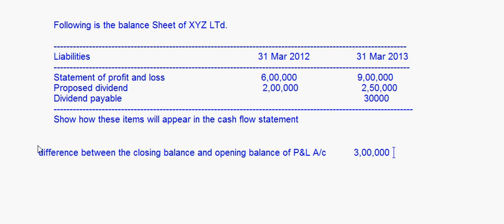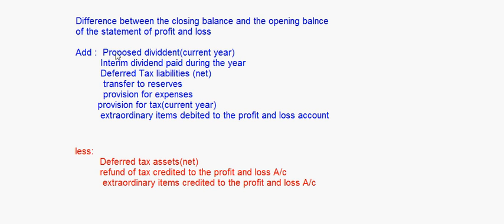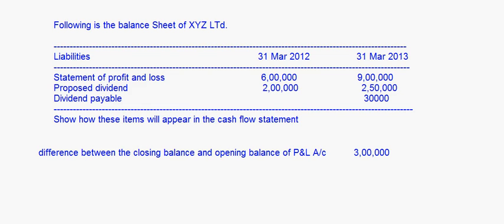Now after that, proposed dividend for the year. Now here we had put this proposed dividend for the current year, right? Now what is the proposed dividend for the current year in this case? The proposed dividend for the current year is 2,50,000, right? So this 2,50,000 will be added. Add proposed dividend for the year, right?